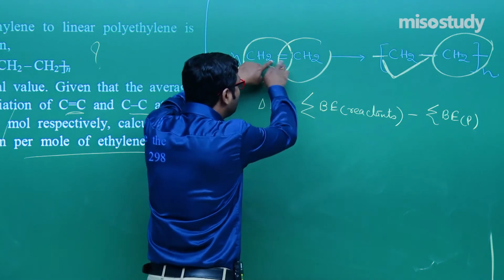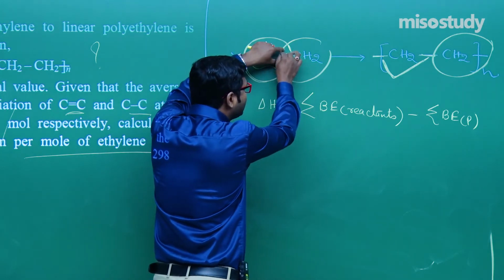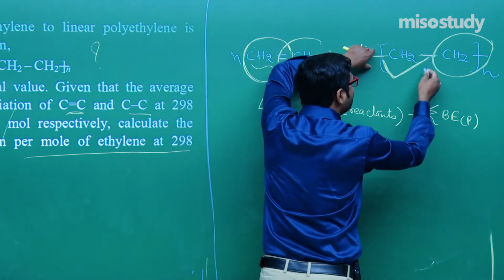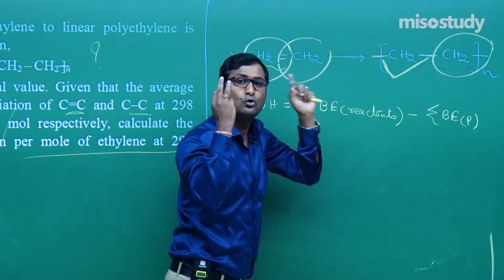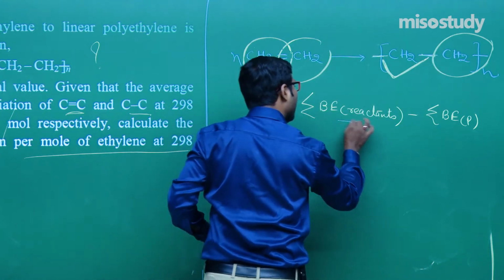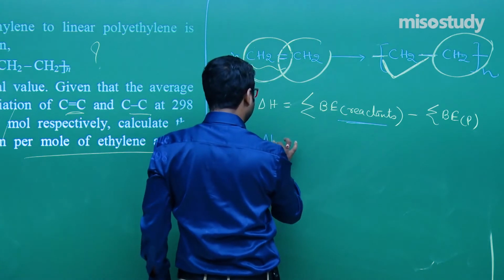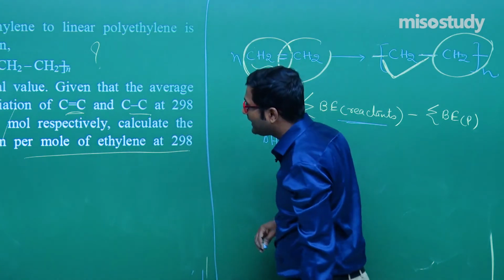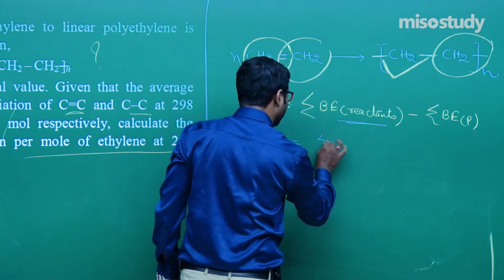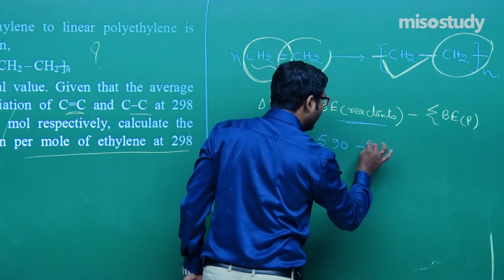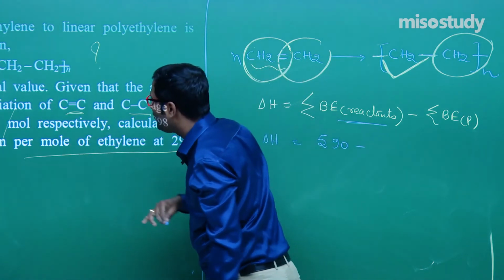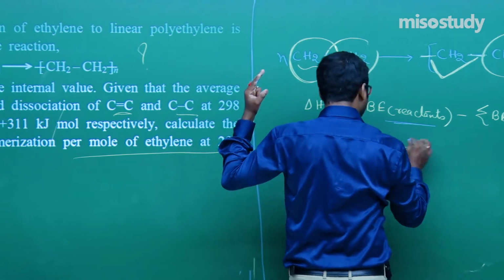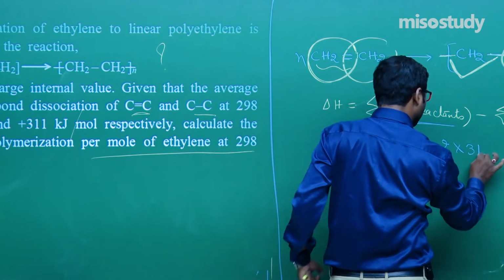What happened? 1 double bond breaks and it gives rise to the formation of 2 single bonds. So what is the given bond energy of the reactant? According to the question it is 590, minus the product, 311, and there is a formation of 2, so 2 multiplied by 311.